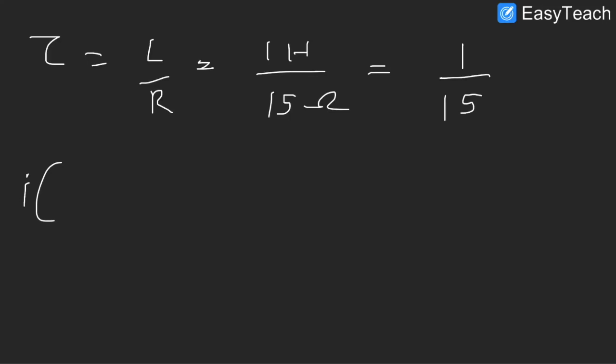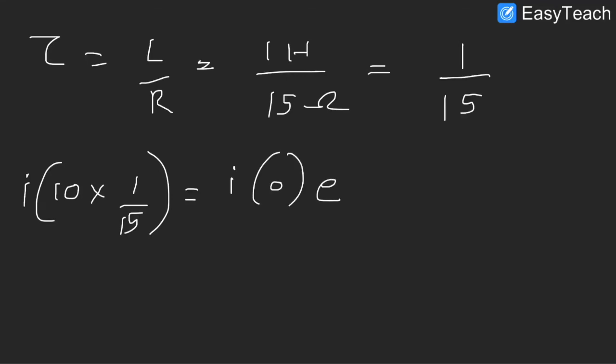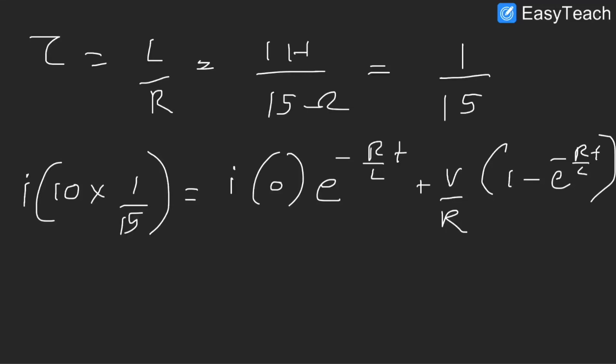So I of t, it's asking for 10 time constants, so that's 10 into 1 over 15. I at this point in time is our initial current, I of 0 e to the power of minus R by L times t, plus V by R times 1 minus e to the power of minus R by L times t.